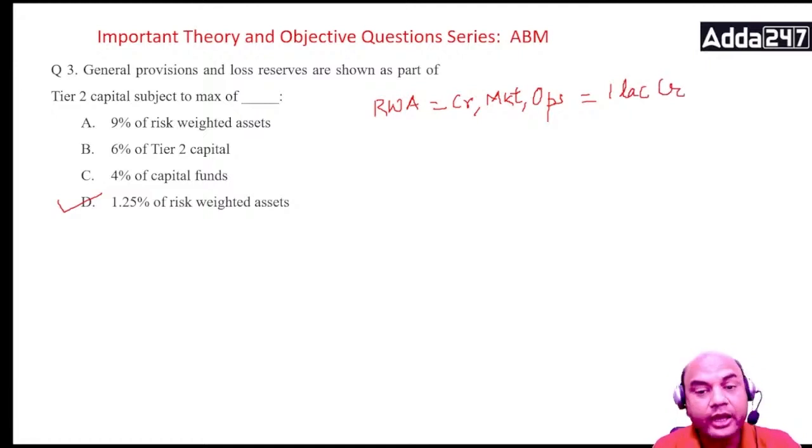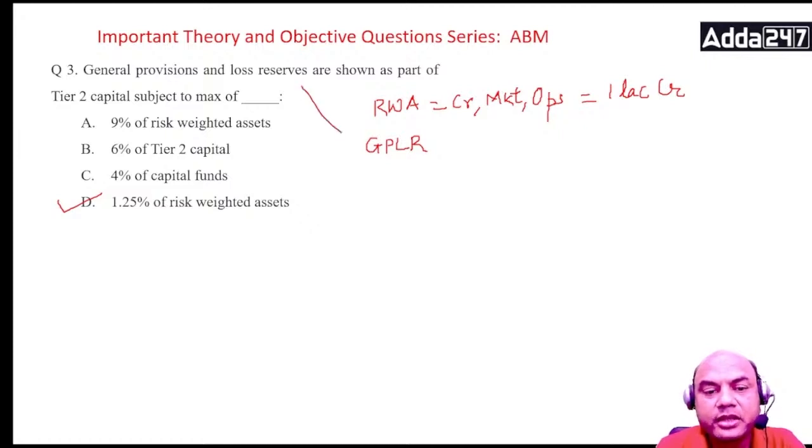And they'll also give you in this exam the general provisions and loss reserves, I'll just write GPLR now. So they'll give you GPLR equals to, let's say, 2000 crores.